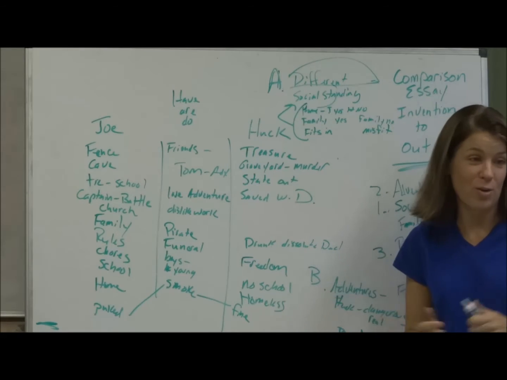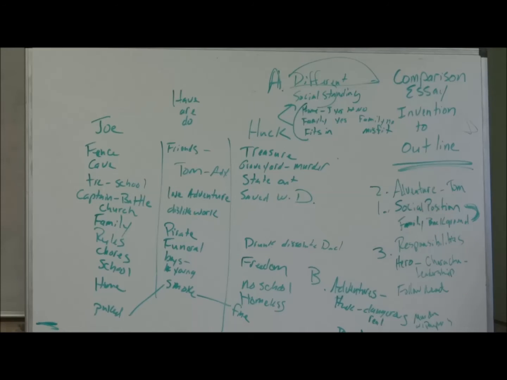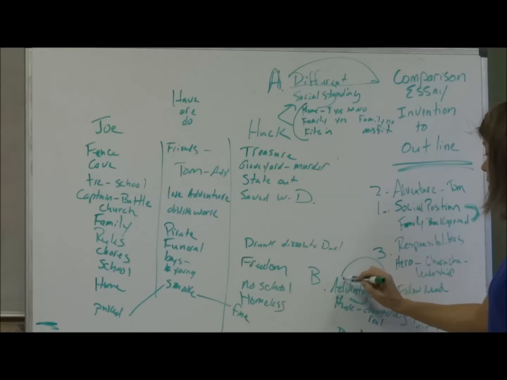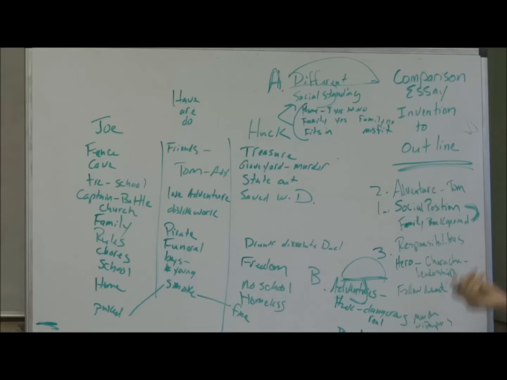So this is B. So A, we have the different social standing, and B, we have different adventures. But you would have to acknowledge the sameness and the difference. So although they shared some adventures, such as crashing a funeral and running away to be pirates together, they put the fun in funeral.